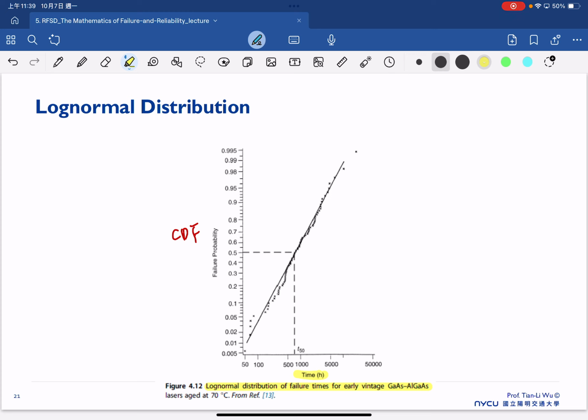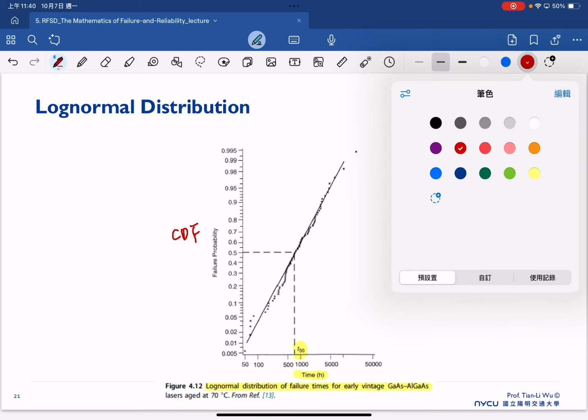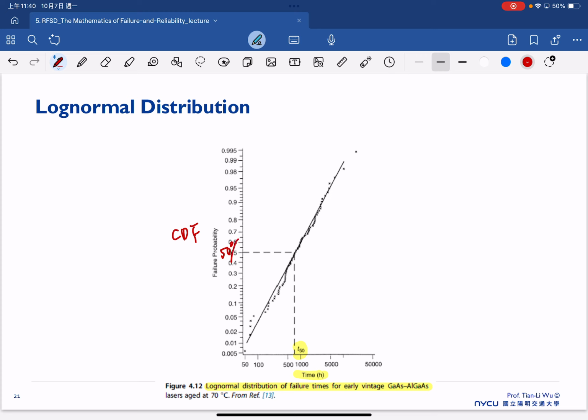So that's one example. Also, we have already introduced that inside the log normal distribution, there's a very important time factor, which we call the T50. The T50 means the time to reach 50% of the devices failing.